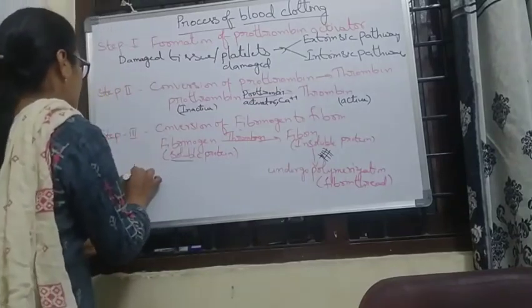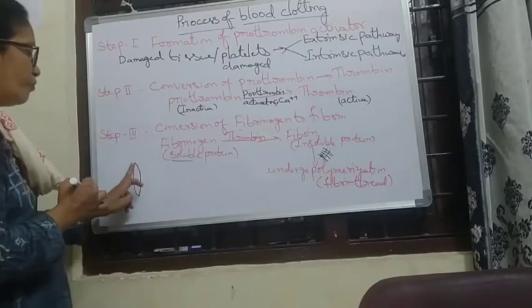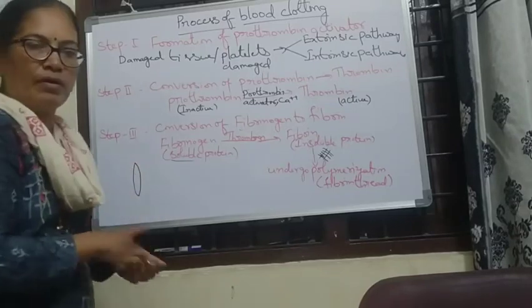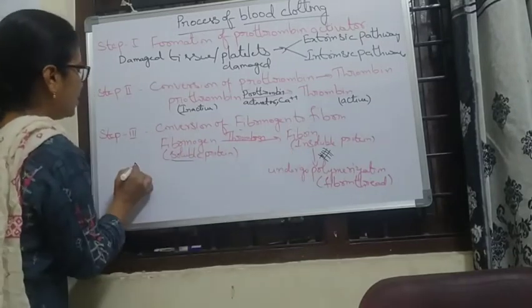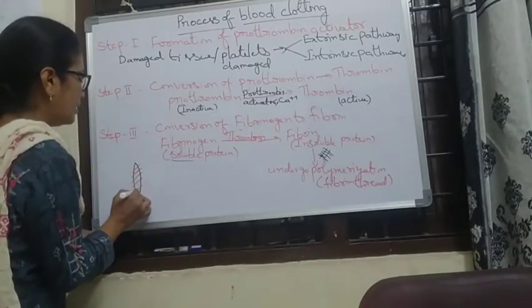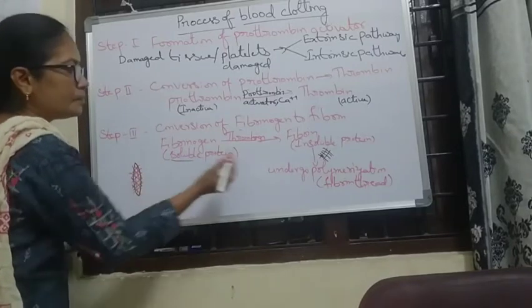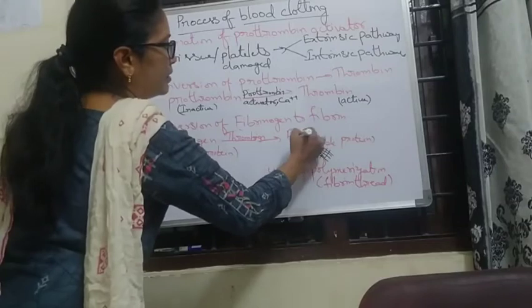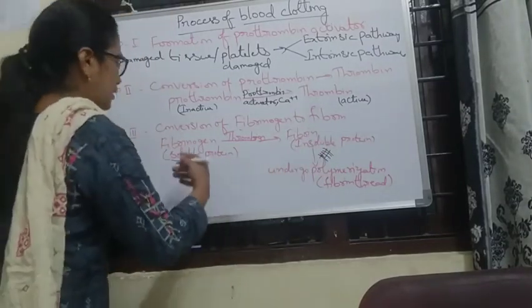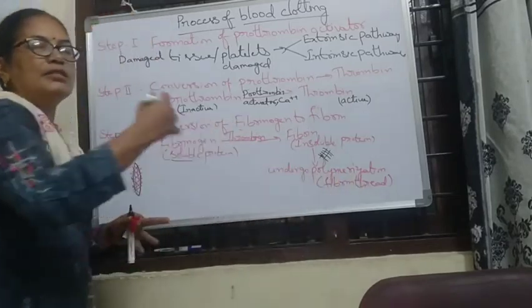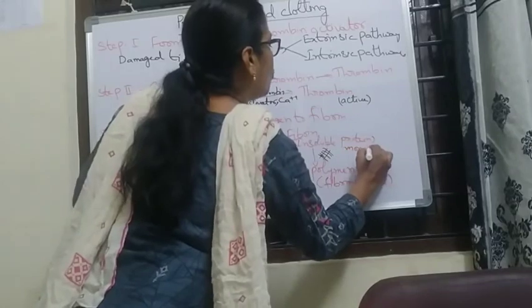If we take any tissue, what happens when there is damage to a tissue? The fibrin forms a net-like structure, and they undergo polymerization. Polymerization means these are monomers. Fibrin molecules are monomers.